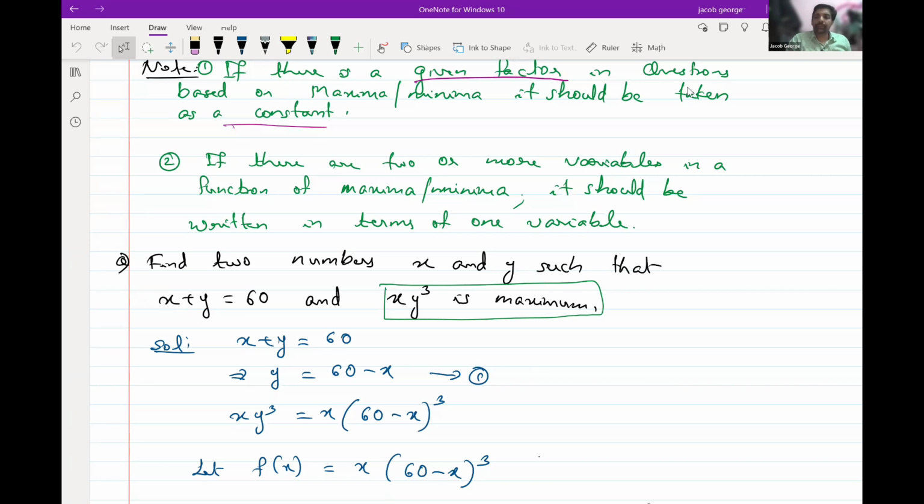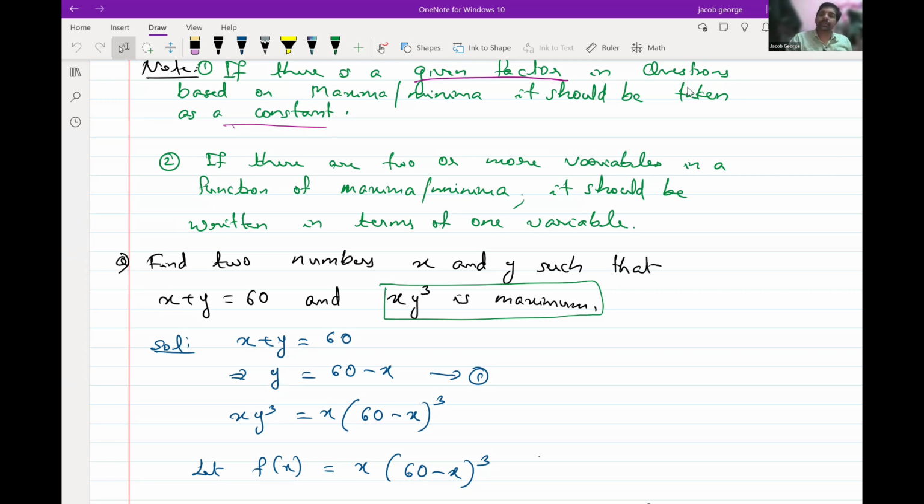So the step number one is you have to write y in terms of x. Two variables are there, so writing y in terms of x, we write y is equal to 60 minus x. That is the introductory part, writing one variable in terms of other.